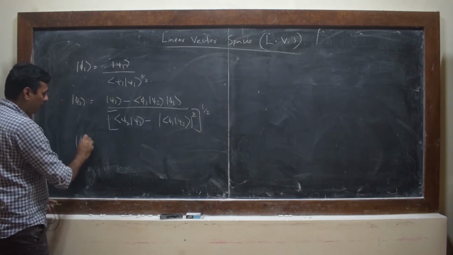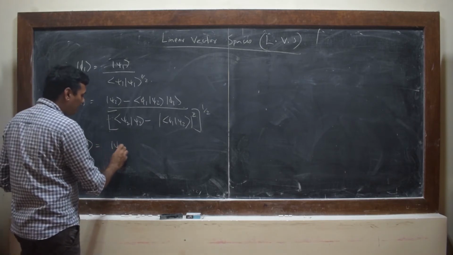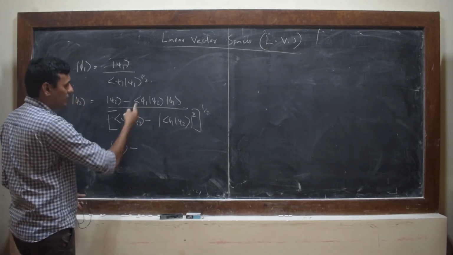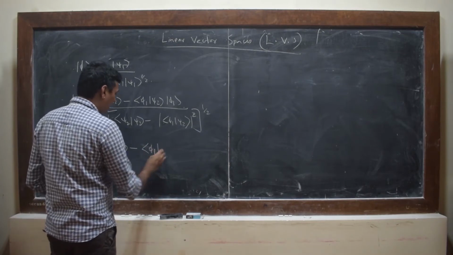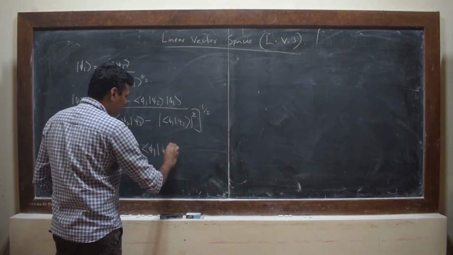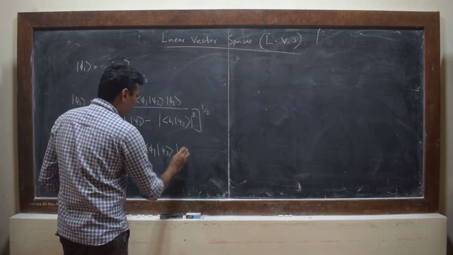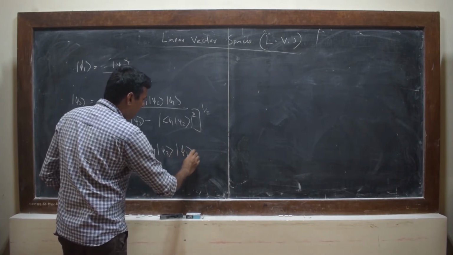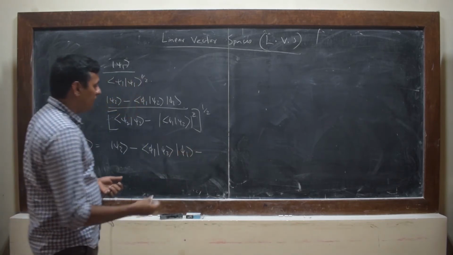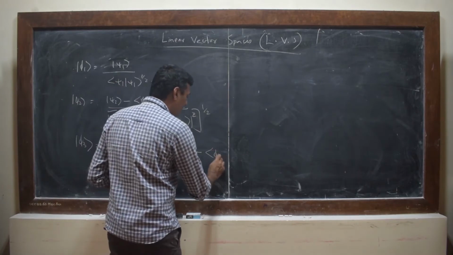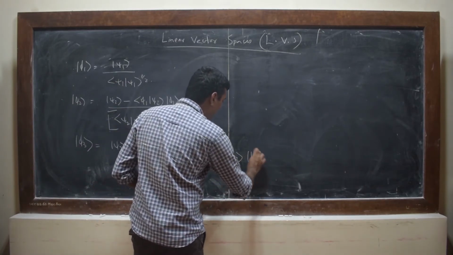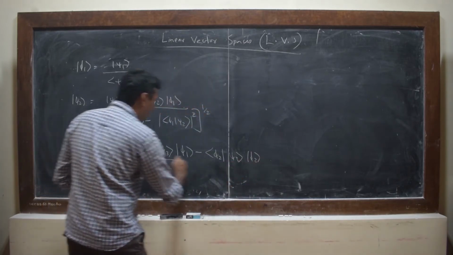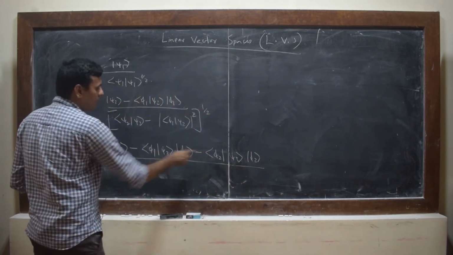And you can similarly show that phi 3 is going to be equal to psi 3 minus, you need to subtract out the component of psi 3 in the direction of phi 1, and then you need to subtract out the component of psi 3 in the direction of phi 2, and then divided by its norm.